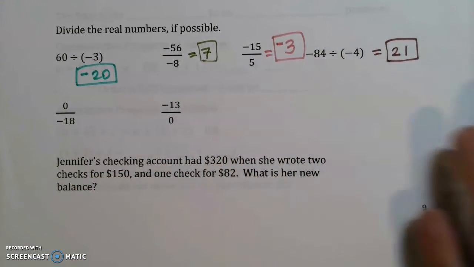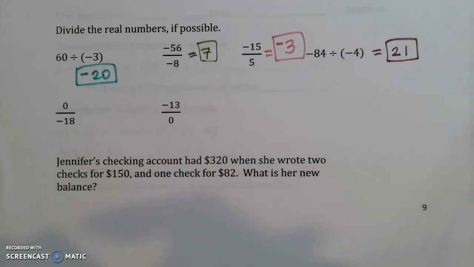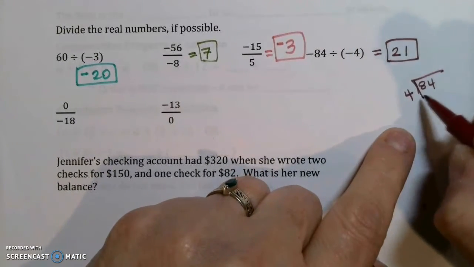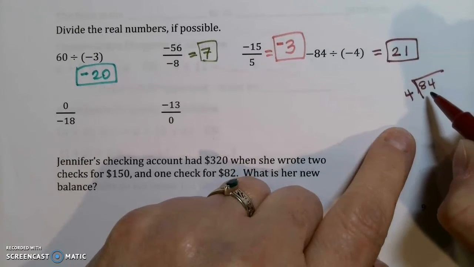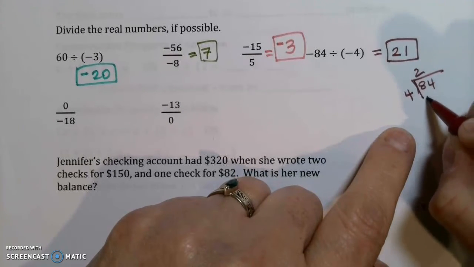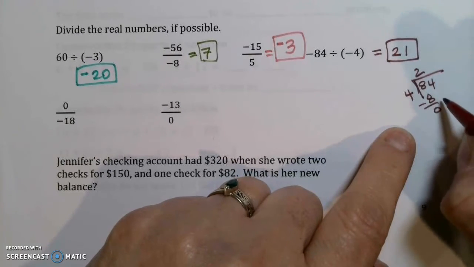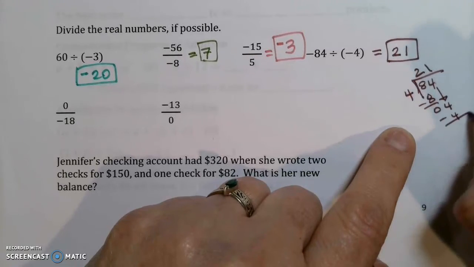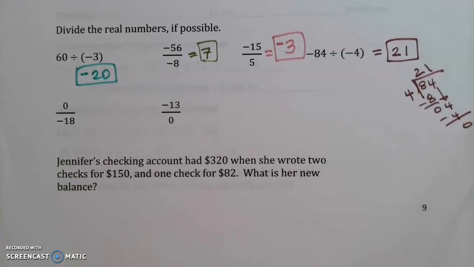And you can use your calculator for this if you need it, or go off to the side and do a quick, all right, what is 84 divided by 4? Well, 4 can divide into that twice. Subtract that off. Bring the 4 down. 4 goes into 4 one time, minus 4, and then we get a 0. So it divides evenly.